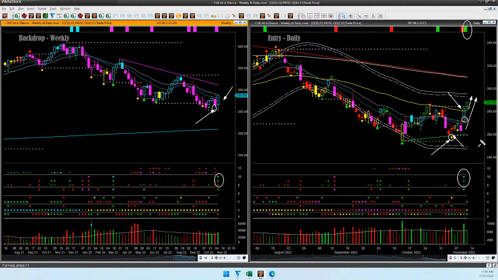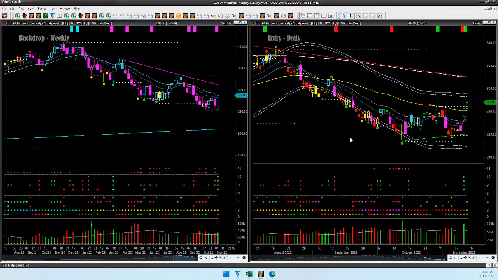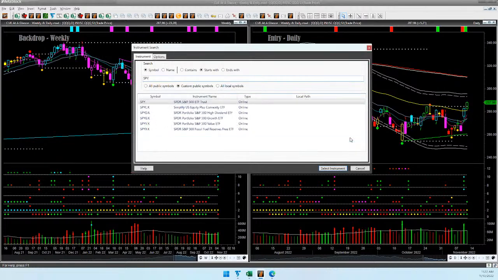Now, of course, the weekly and daily both are looking bullish. It is now having higher low as well as higher high. It's in an uptrend. So my market direction is bullish and preferred trading direction is also bullish. What about SPY?